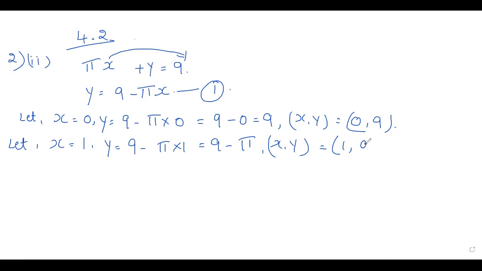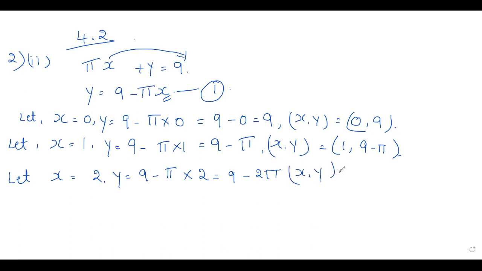Y is 9 minus pi. Let x is equal to 2. Then y is equal to 9 minus, here in place of x, write 2. Pi into 2. That is equal to 9 minus 2 pi. So x comma y is equal to, what is x here? 2. Y is 9 minus 2 pi.